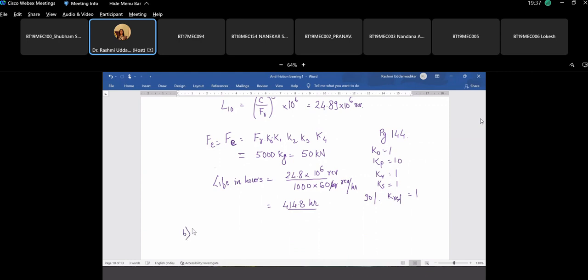Let us solve for part B, where radial load is given as 5000 kgs. Axial is 1500 kgs. We have to get the equivalent load first.